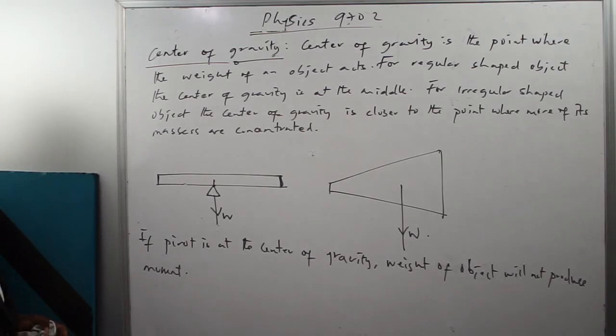Very important. But if the pivot is not at the center of gravity, then the weight of the object will also be contributing to the moment.